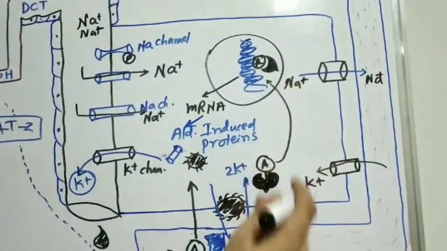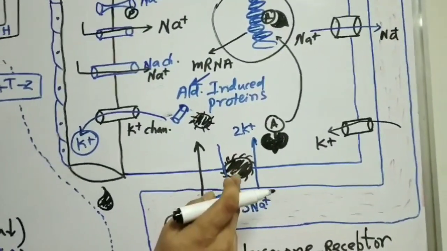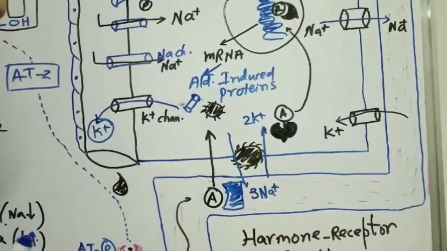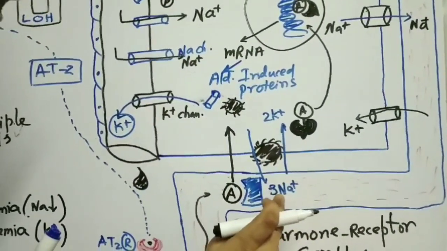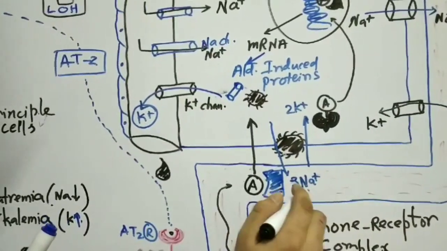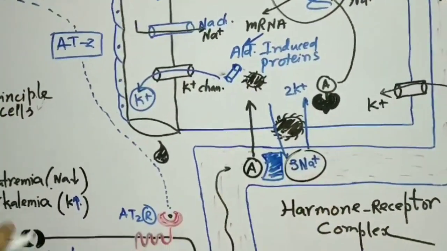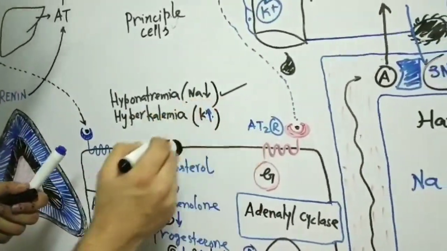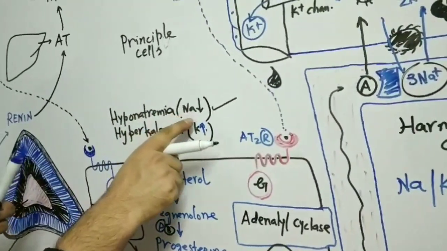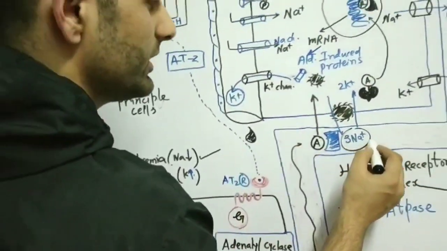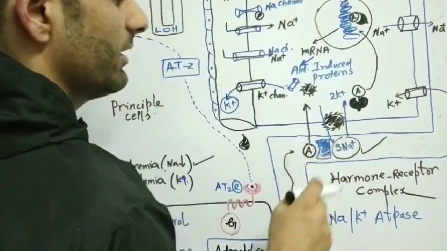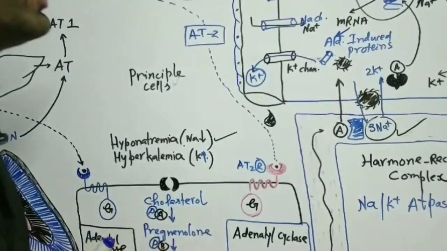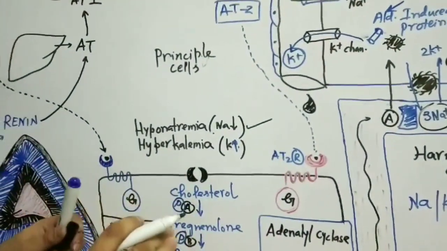Or the sodium can go through the sodium potassium ATPase pump and will enter into the bloodstream. Now look at here. Here was the hyponatremia, low concentration of sodium in the blood. Now the sodium is increasing in the blood. Now the sodium will be normalized in the blood due to the aldosterone.